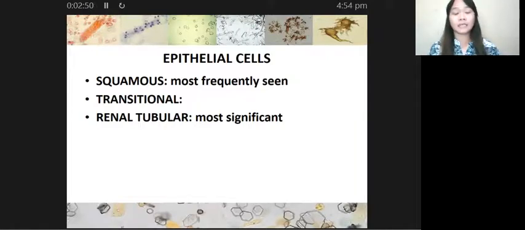Alright, so first, let us try to categorize them according to the frequency at which they may be present in your urine sample and according to their significance. Okay, so in-arrange ko po siya from squamous, transitional, and then renal tubular. So squamous epithelial cell, they are considered to be the most frequently seen type of epithelial cell.